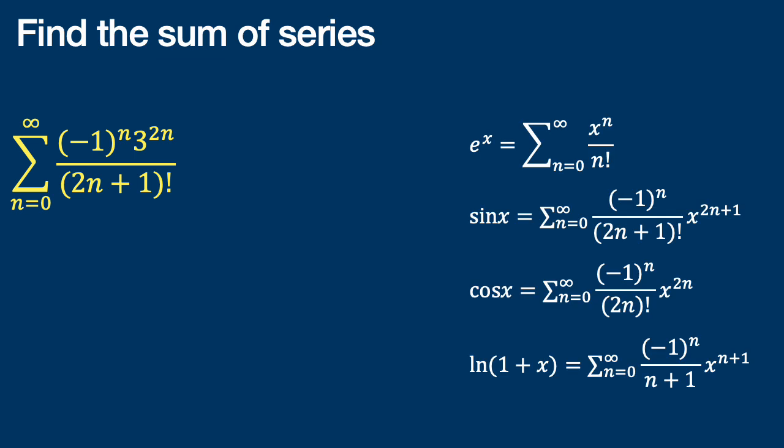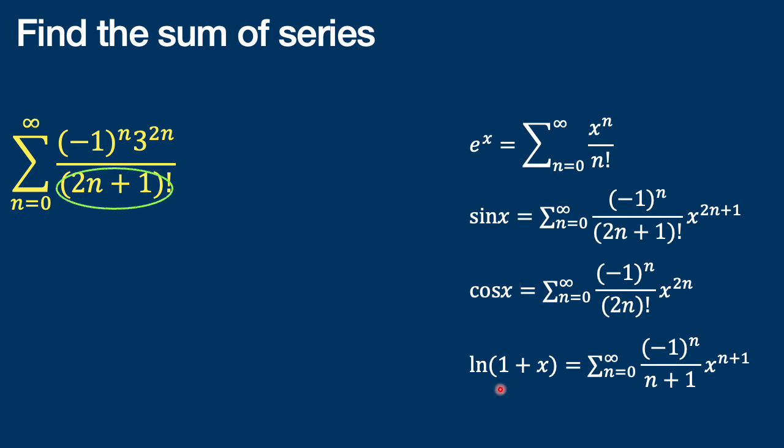The tool to find the sum of this series is the same way we did in previous slides. So first we have to find the function which is related to this series. So check the denominator, that's (2n plus 1) factorial.